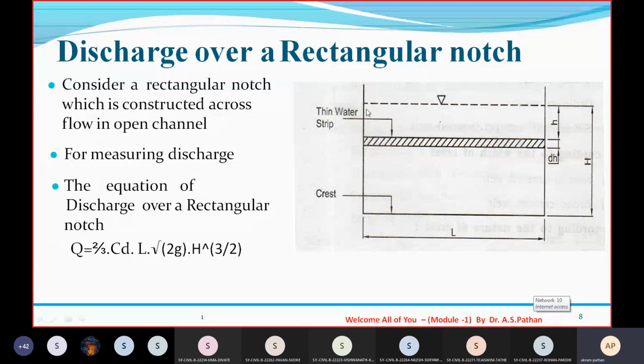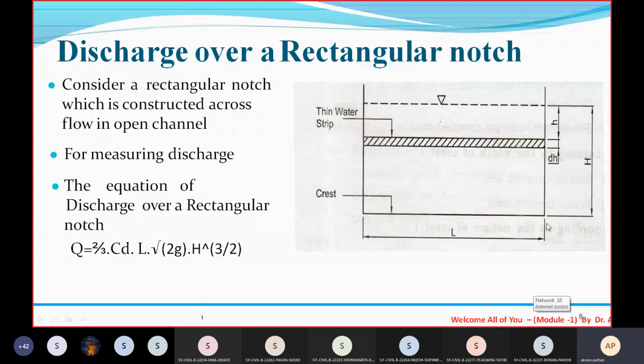Then we have to place a notch of the same shape as the channel, a rectangular notch. So this is a rectangular notch we have placed across the flow in the open channel for measuring the discharge. Now we have the crest level or the sill level.